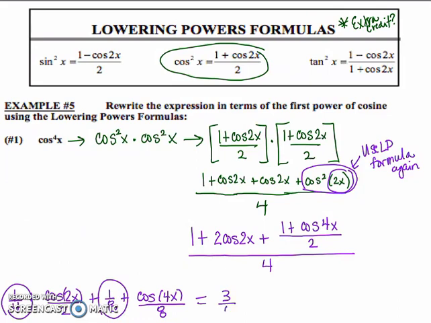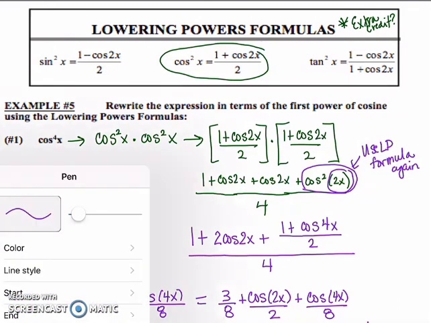So my final answer is going to be 3/8 plus cos 2x over 2 plus cos 4x over 8. And I suppose you could make a common denominator of all 8s by changing your middle term and then putting everything over one denominator. That's not necessary for me, but you could certainly do that.